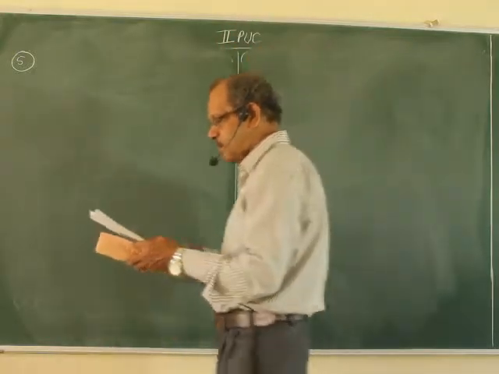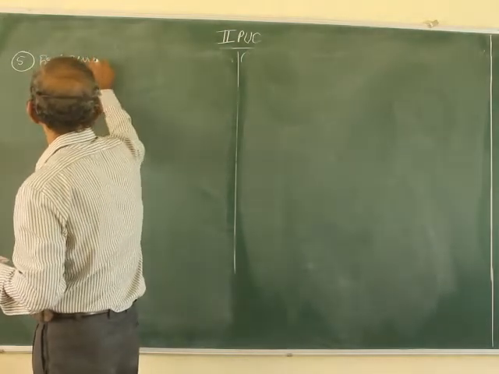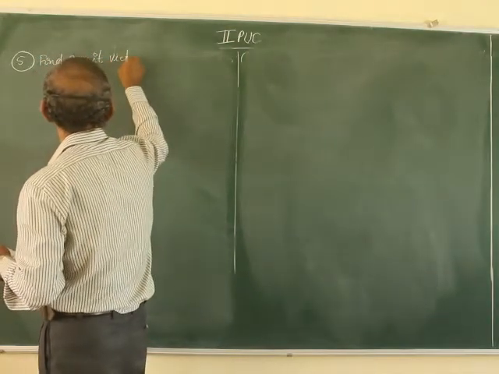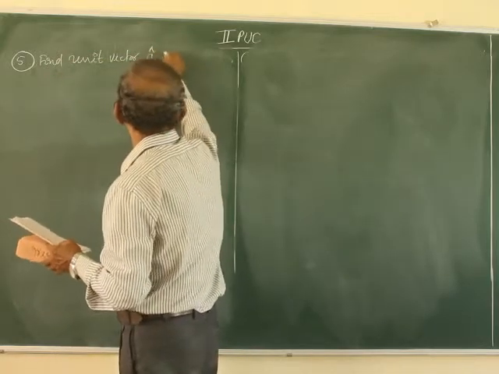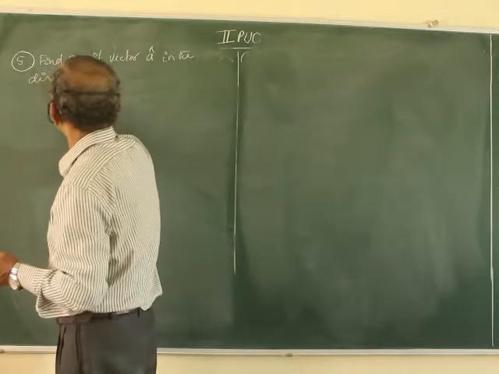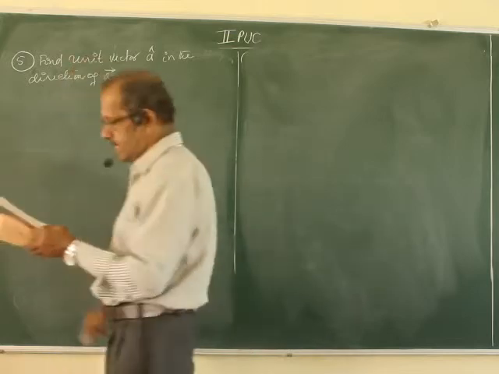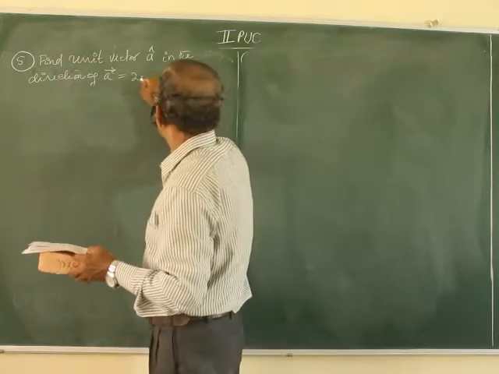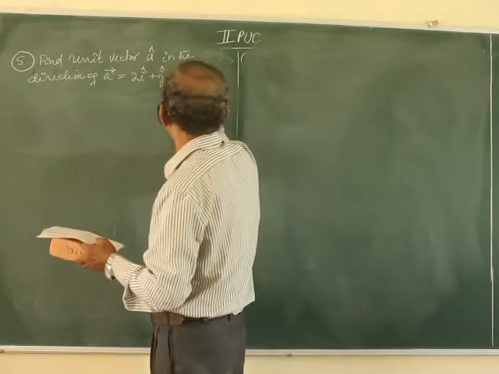Find unit vector A cap in the direction of vector A equal to 2i plus j minus 3k.